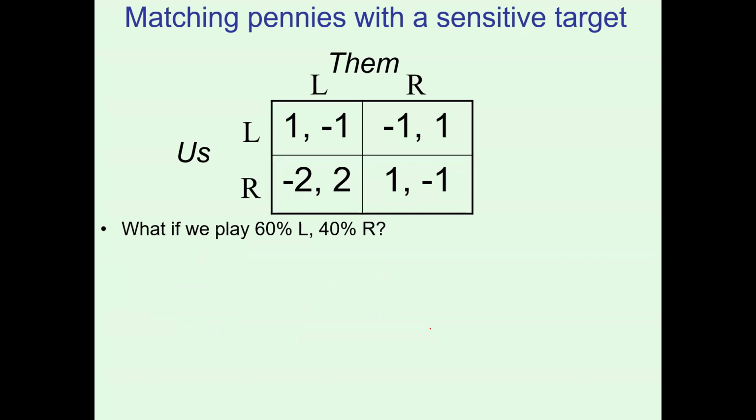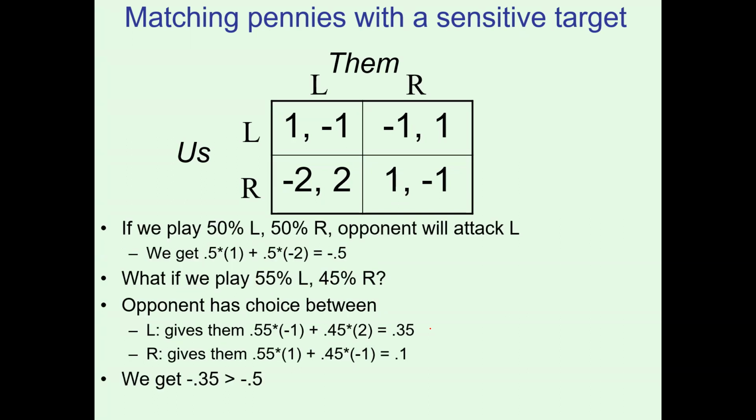Kasi kung dito tayo magtatingin, ano yung worst natin dito? Negative 35. Tama? Pero, ang minimum is 0.1.